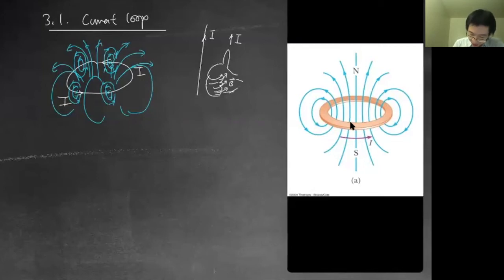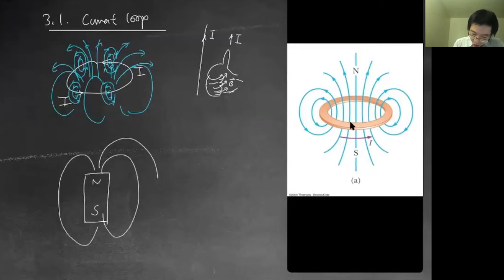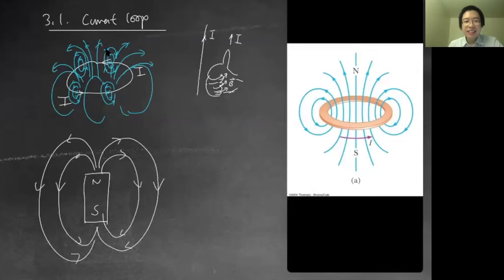Right? So remember, if I have north-south, this is how the permanent magnet field lines look. Can you see the analogy between here? So outside it's all going in, and inside it's almost like the loops are going up. Right?